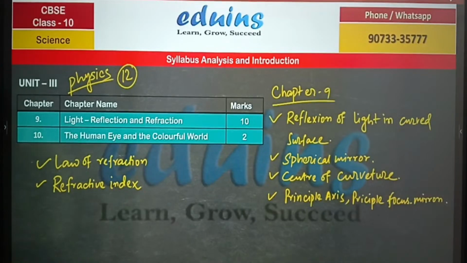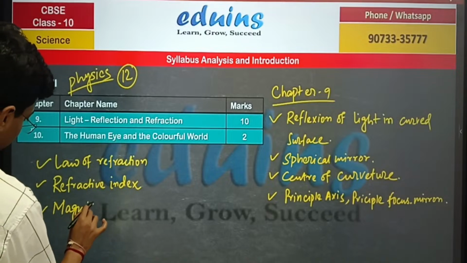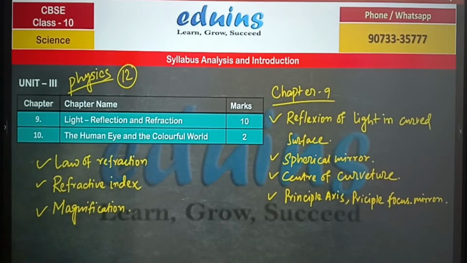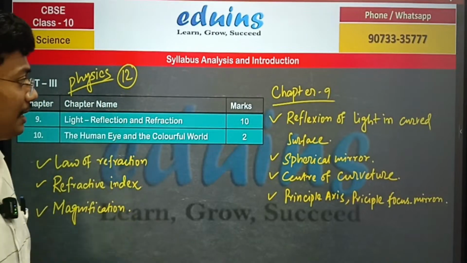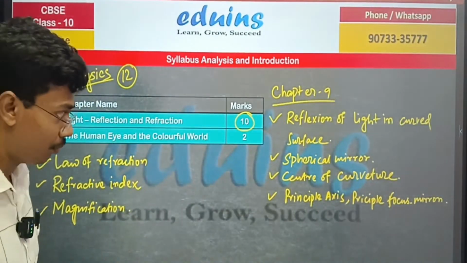Clear? Next we will study magnification. So these are the topics included in your chapter 9, and from this chapter we will get 10 marks in our board exam.